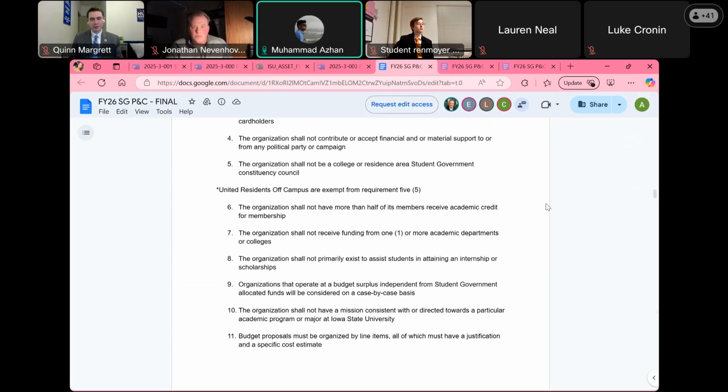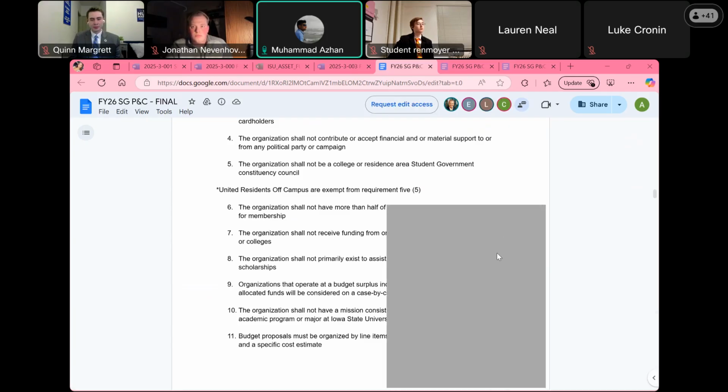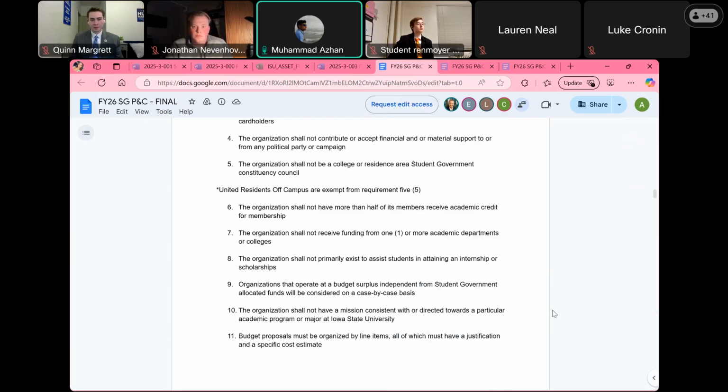So the idea is to maybe consider replacing it with: the organization shall not receive funding from one or two academic departments or colleges unless they demonstrate a need for more funding. Unless they can demonstrate a need for more funding, they should be considered on a case-by-case basis by the finance committee. So the finance committee does have the decision to make whether they should qualify or not.